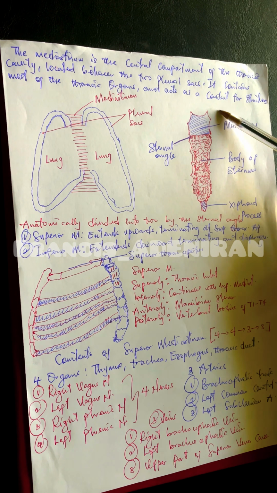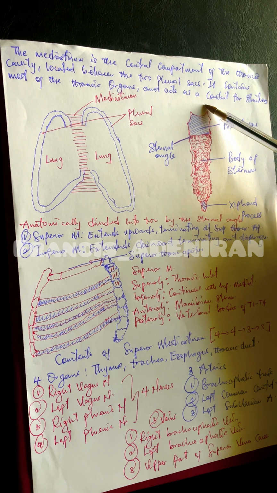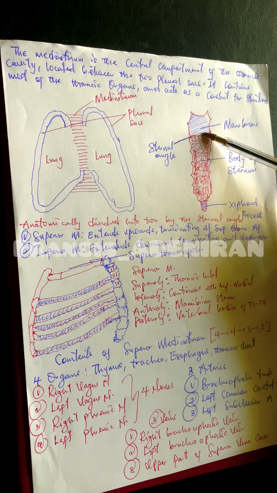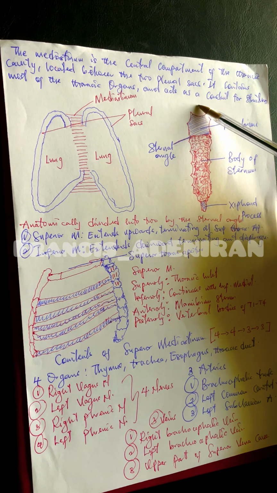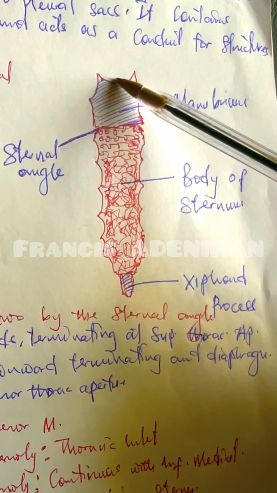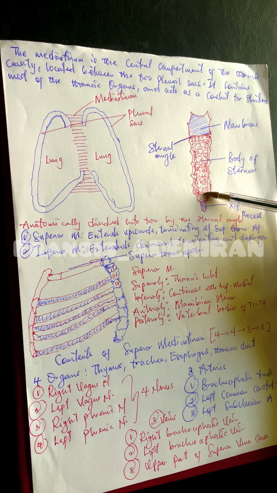That means everything superior to this sternal angle is the superior mediastinum, and all the structures below it are the inferior mediastinum. So essentially the superior mediastinum extends upwards, terminating at the superior thoracic aperture, while the inferior mediastinum extends downward, terminating at the diaphragm.